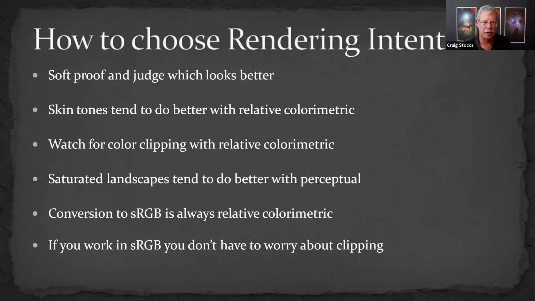Saturated landscapes tend to do better with perceptual. So you can do a rule of thumb of using relative colorimetric for everything except for landscapes, and then use perceptual. But again, if you're using an sRGB color space, you almost never have to worry about it. So either one will work.